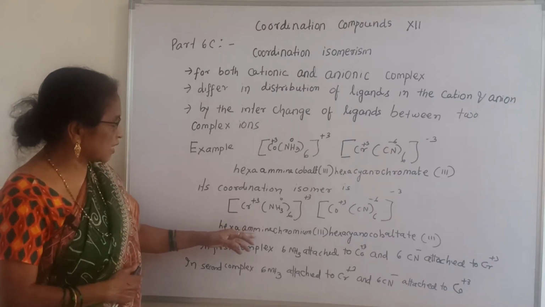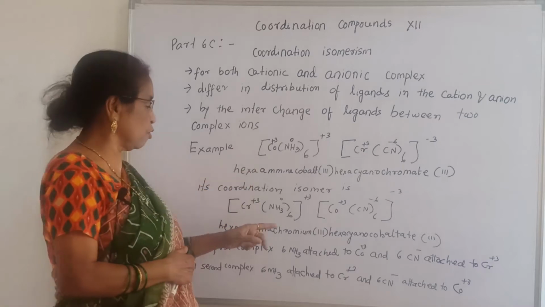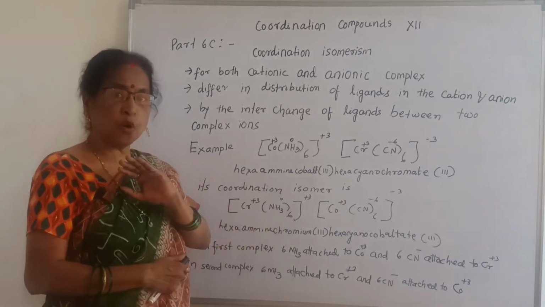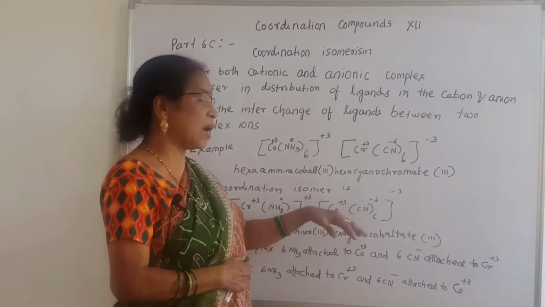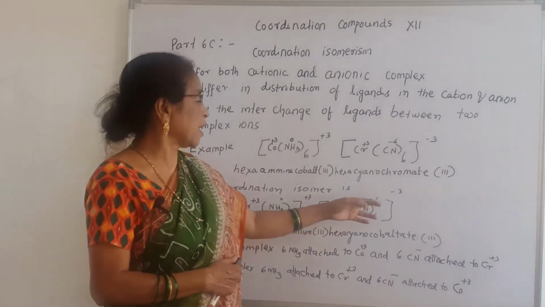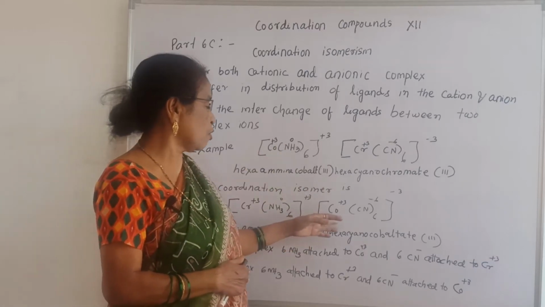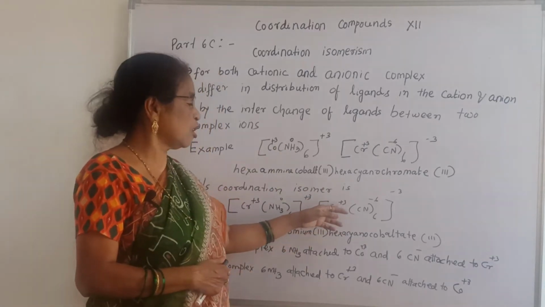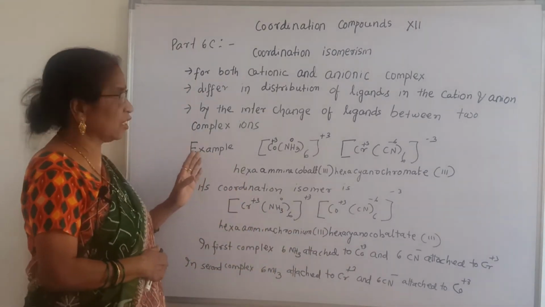Hexaamminechromium(III), with no gap and no capital. Hexacyanocobaltate: why cobaltate? Because the complex ion has a negative charge. And the oxidation number is 3, so Roman numeral III. I hope it is clear to you.